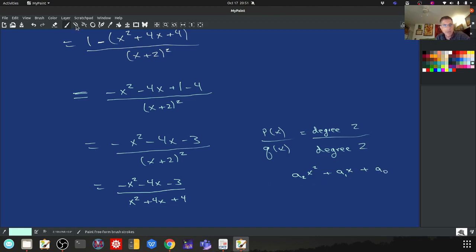And down here on the bottom, it's a degree 2 polynomial, we have b2 x squared plus b1 x plus b naught. So let's put this front and center, okay?